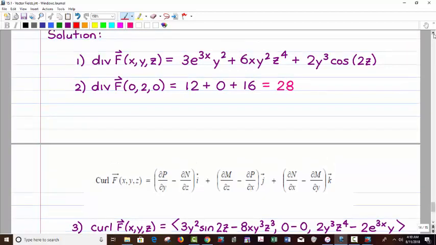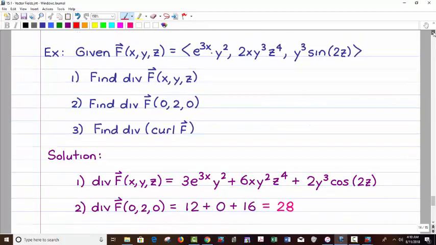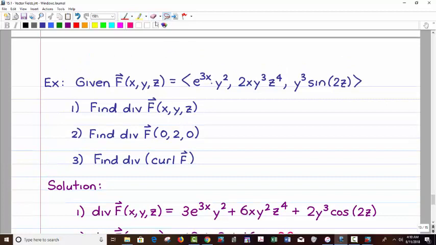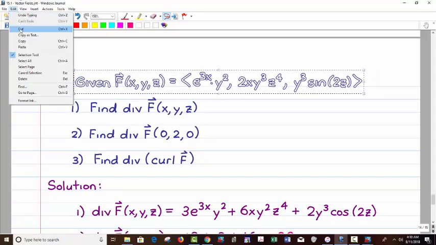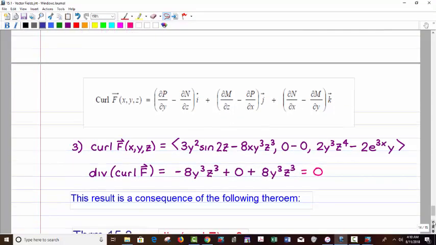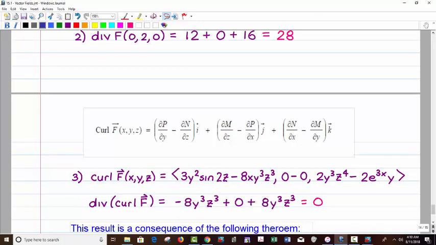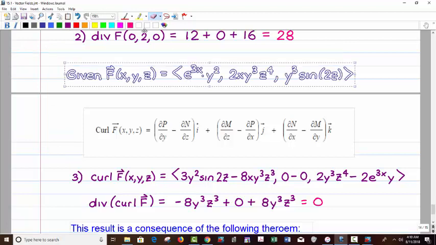I think I'll copy the original vector field function down here so we can see it, and I'll probably delete it. Put this where we can at least see it right here momentarily. There it is.